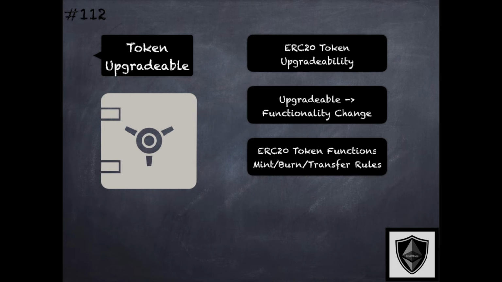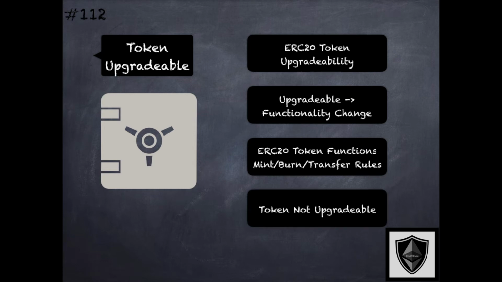The mint, burn, and transfer functions are required to adhere to the specifications so that all the users interacting with this token contract are assured of the functionality implemented by these functions. So the best practice here is to make sure that these token contracts are not upgradable, and if an application is interacting with token contracts, to check and verify that it is not upgradable.